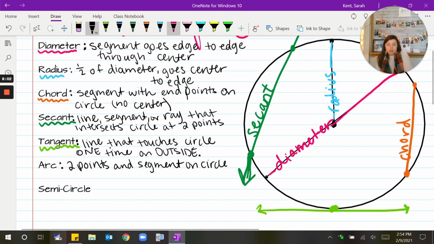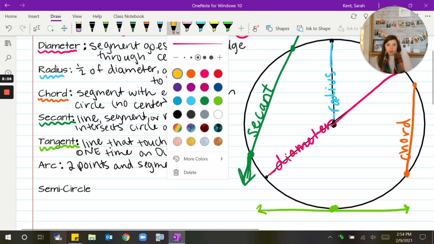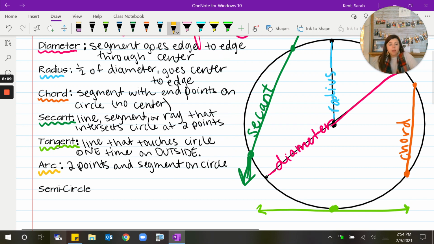So what this means for an arc is that it could have a point here and a point here, and it curves with the circle. Is that better? It is right on the circle. I did not label the tangent.